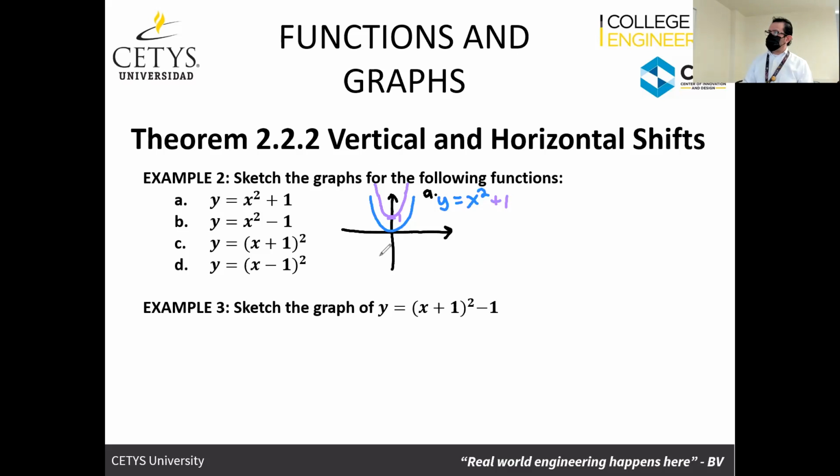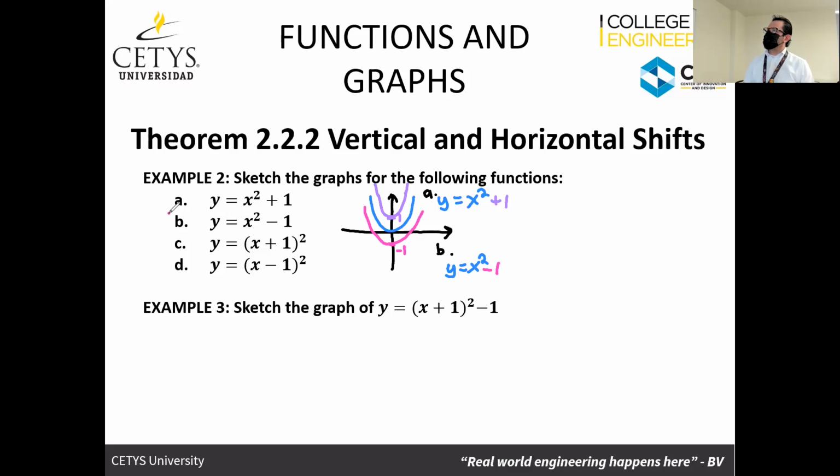So now we're going to do B. In the case of B, it's the same thing, y equals x squared, so the blue is going to be the reference. But now we are subtracting 1. And so that means there's going to be a shift downwards to, in this case, -1. And that would mean that the parabola is going to go something like this.